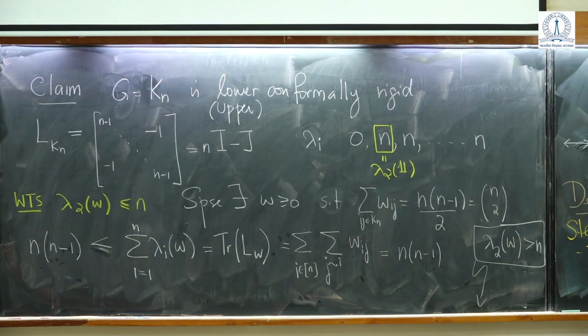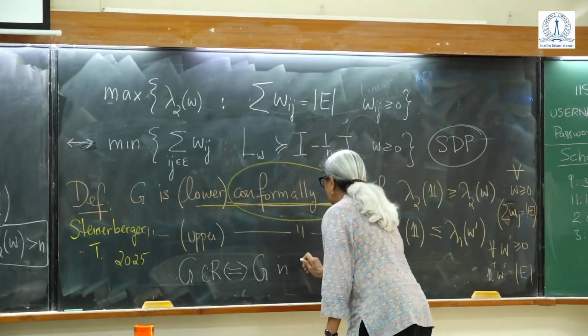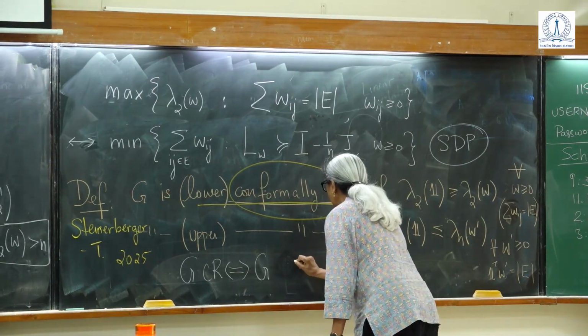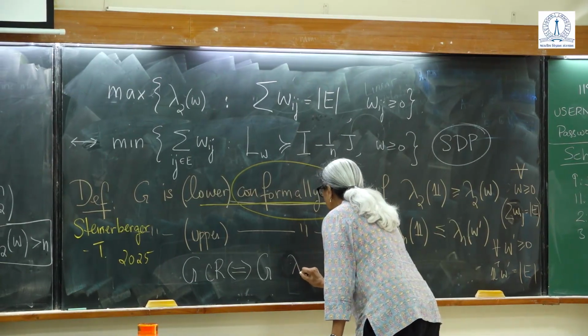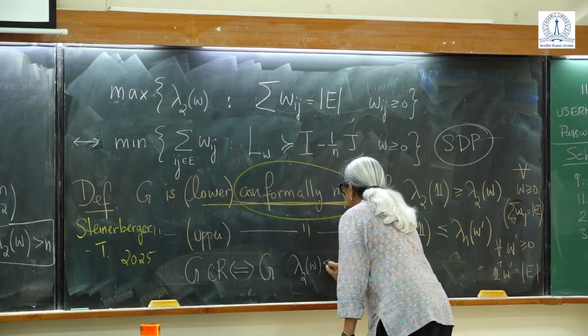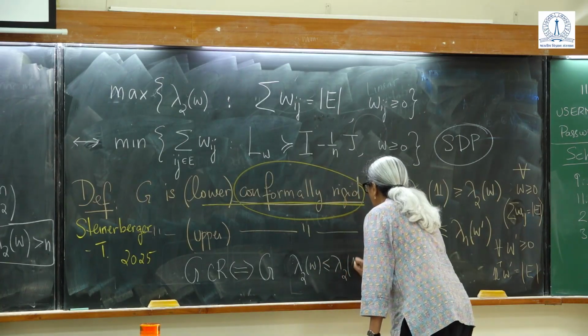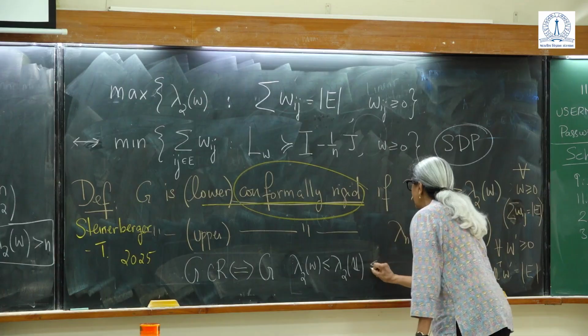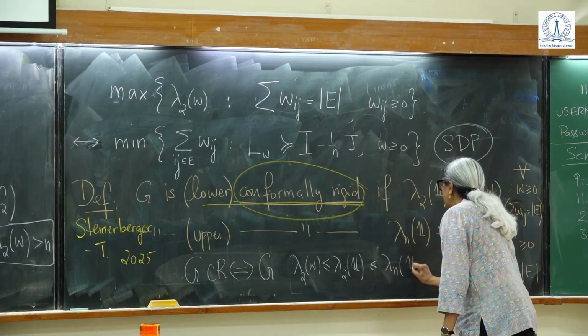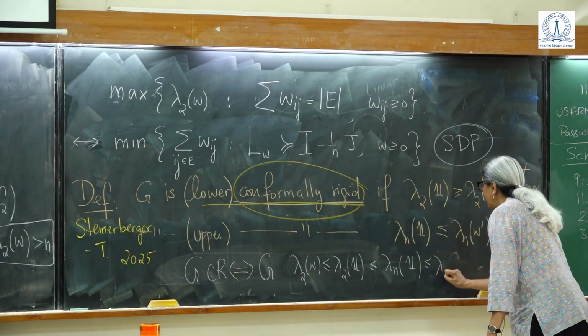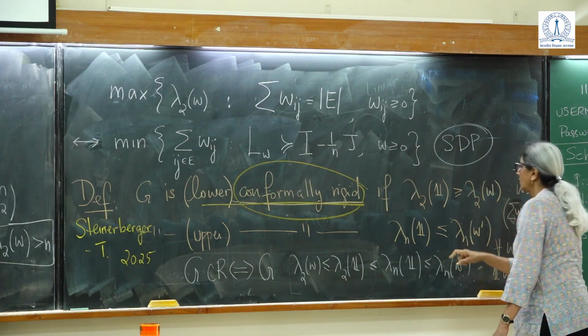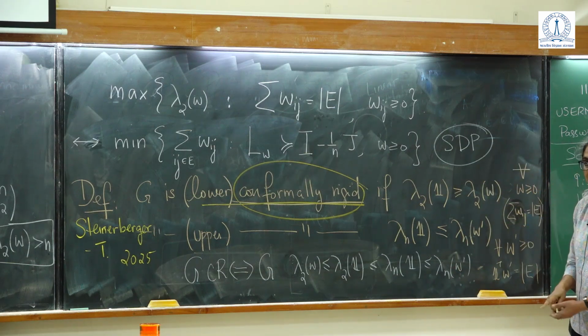So G is conformally rigid if and only if lambda 2 of W is less or equal to lambda 2 of 1 and lambda n of 1 is less or equal to lambda n of W prime, where W prime and W satisfy these conditions.